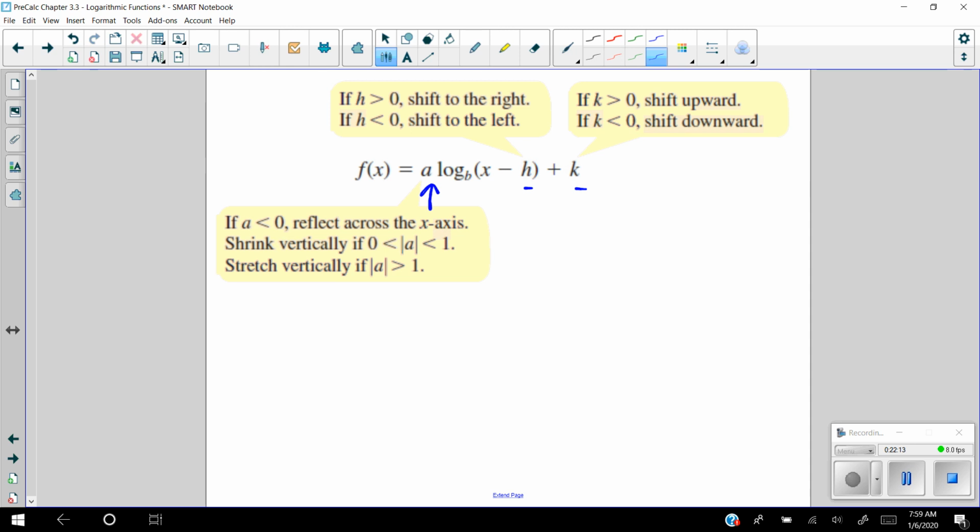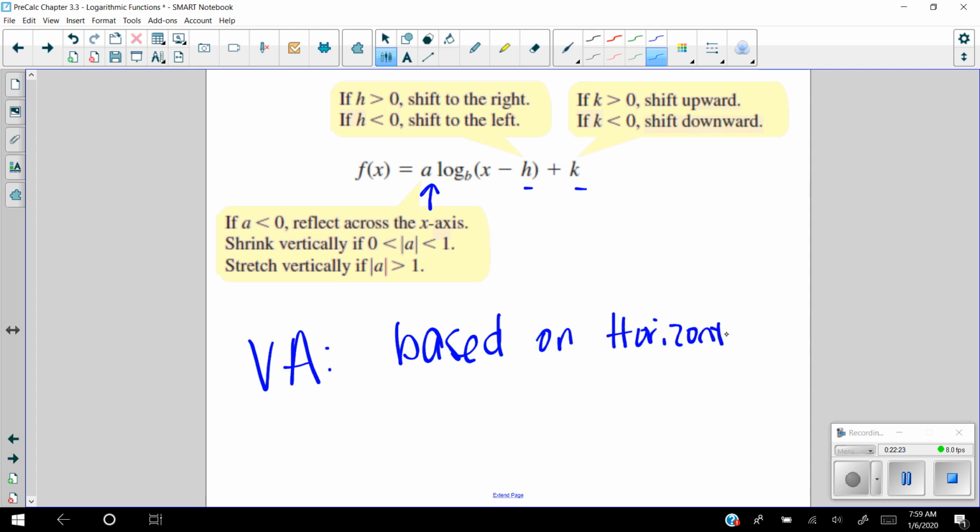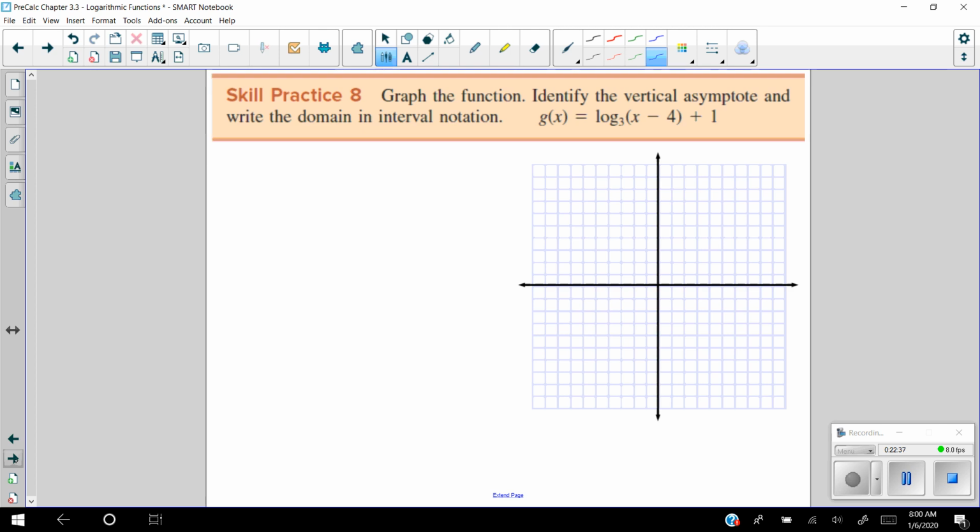Now, what I do want to remind you of is that a vertical asymptote changes based on the horizontal shift this time. Because a vertical line can't move up or down. It already goes to infinity in both directions, but a vertical line can shift left or right. So we're going to be looking at that opposite h piece to tell us where the vertical asymptote goes.